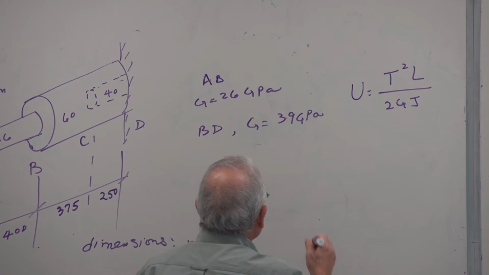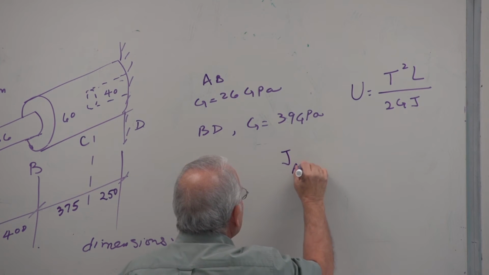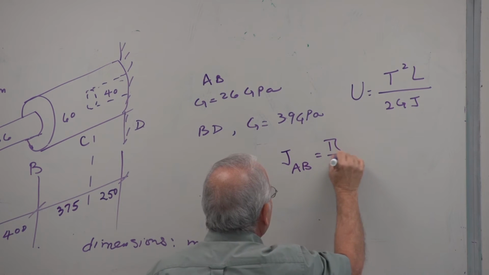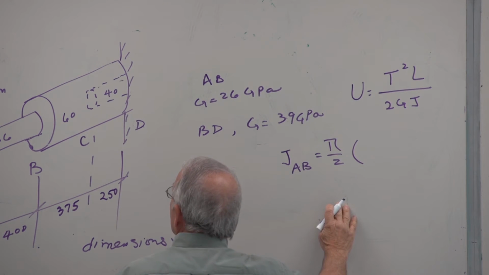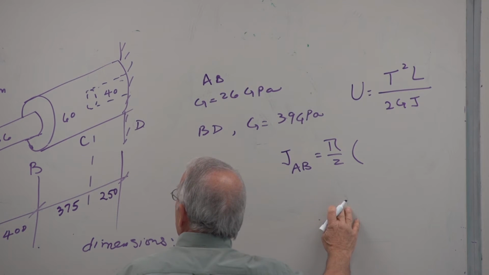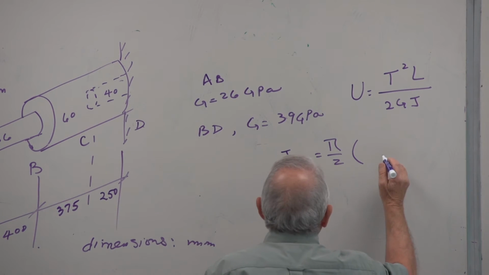Let's find J. JAB is equal to pi over 2 times r to the fourth. And in this case, r is 18.